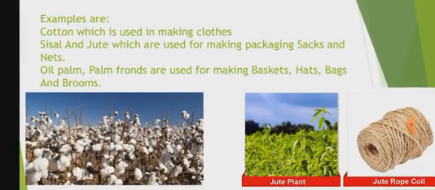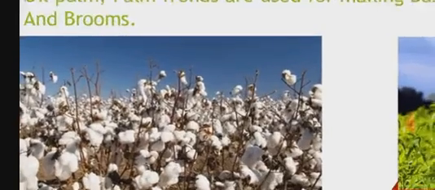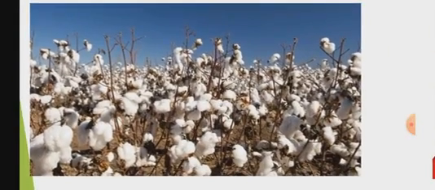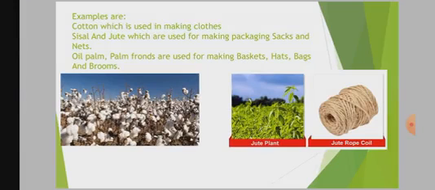Now, cotton is the primary fiber crop, the major and the common fiber crop. That is what you see on the screen there. That is what we call cotton. You see that whitish material that is being produced by that plant. That is cotton. And we use it for what? For making clothes.